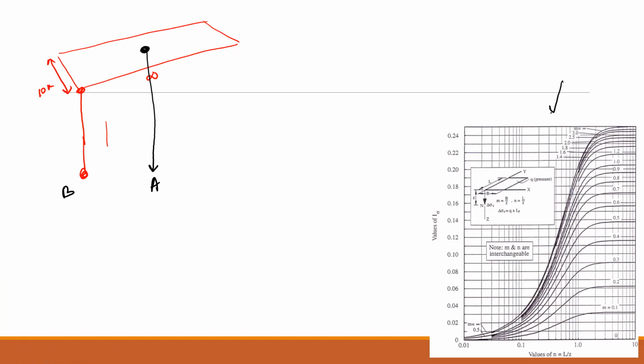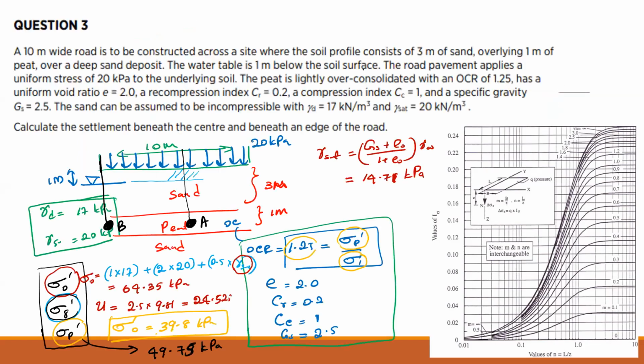To use this chart, we need two things, N and M. N and M are what? One side divided by Z, isn't it? Z is the height. So Z is this height from this layer to this layer.